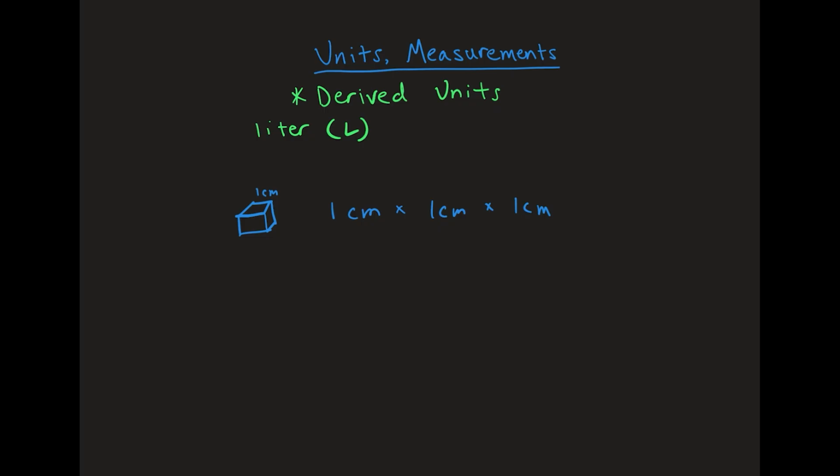And we can multiply units just as we would numbers. So the volume of this box, length times width times height, we call that 1 centimeter cubed, or cubic centimeter. And the liter was created by saying that 1 cubic centimeter, the volume of this box, is a milliliter. And using our prefixes from before, we know that this is 1/1000th of a liter.